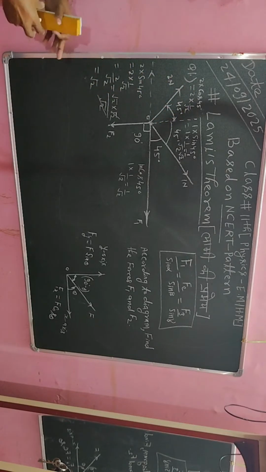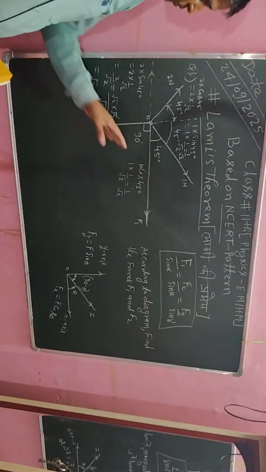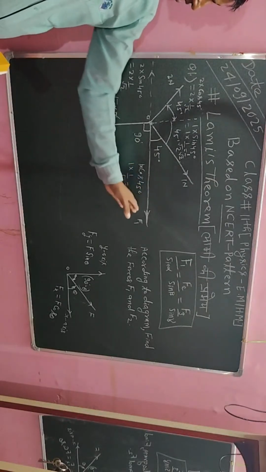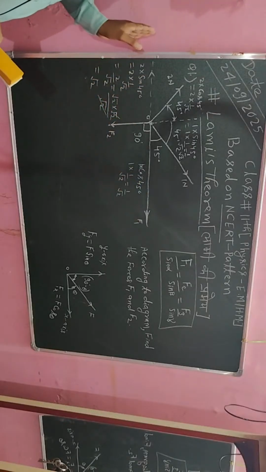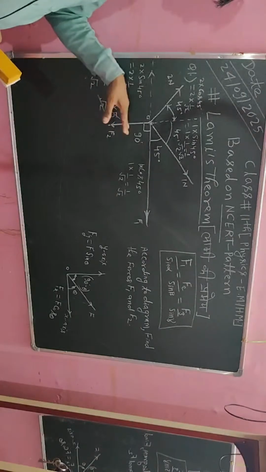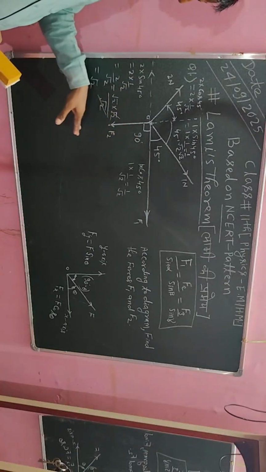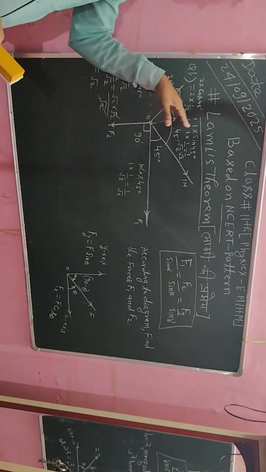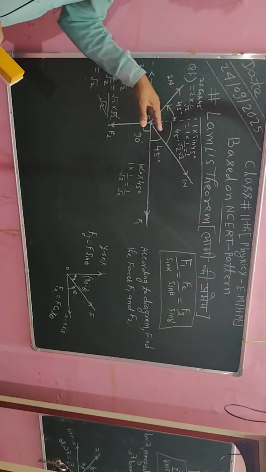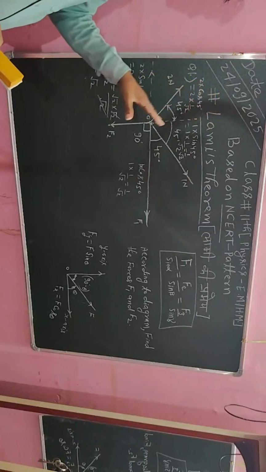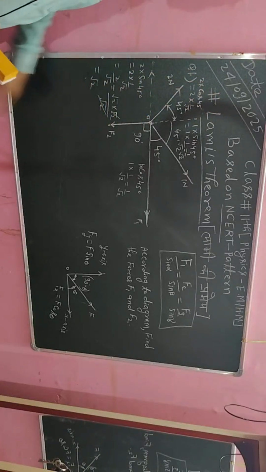Okay, so I will say forces along positive x-axis are equal to the forces along negative x-axis, and similarly I will say forces along positive y-axis are equal to the forces along negative y-axis.